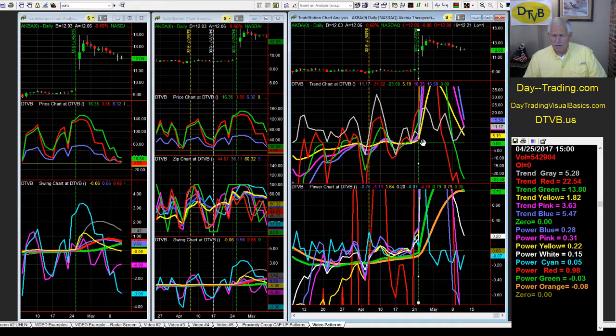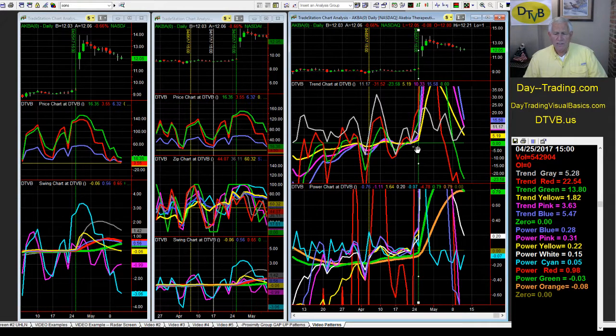It's just under the blue, and you know, a lot of times you'll say, well, it's just above the pink, so that's what it's down touching. But either way, it doesn't make any difference. And pink, of course, is stronger than blue, so maybe that's the true down touch that occurred in the trend gray line.